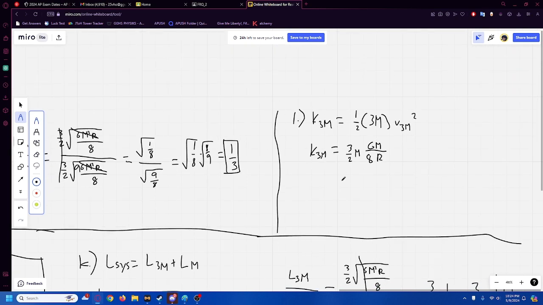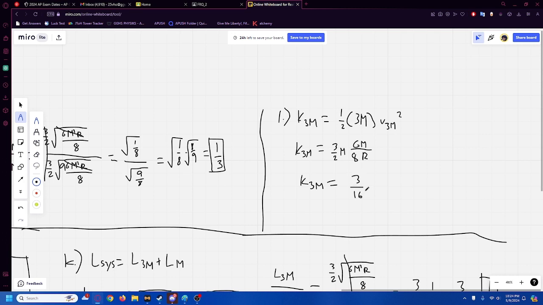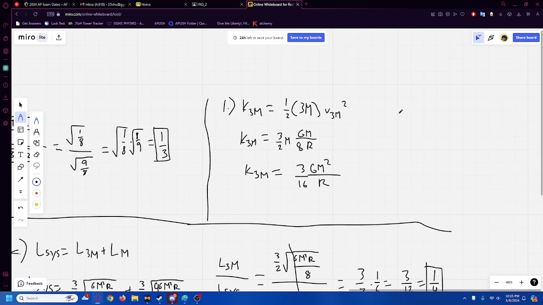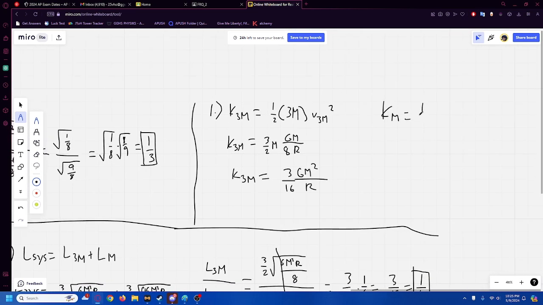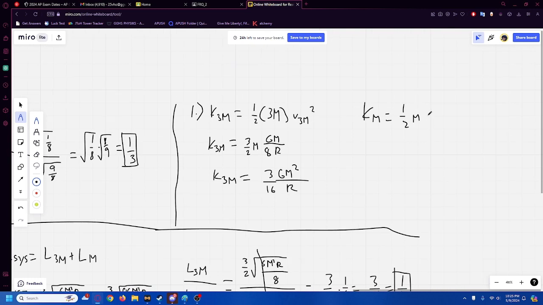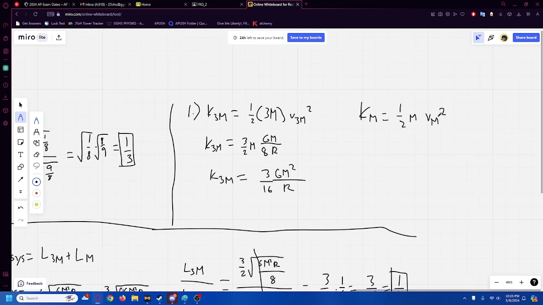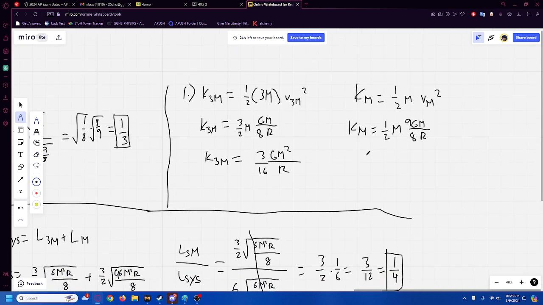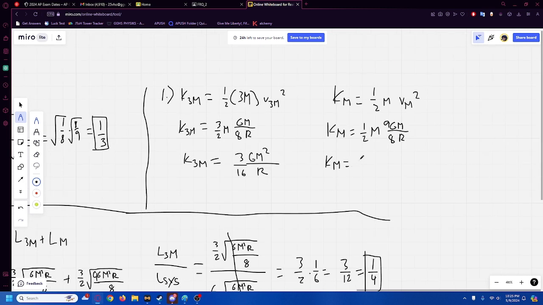And this would mean that K_3m is equal to 3 over 16 GM squared over R. And then you apply this to K_m, so 1/2 m V_m squared. So K_m is equal to 1/2 m times V_m squared, which is 9 over 8 GM over R. So K_m is equal to 9 over 16 GM squared over R.